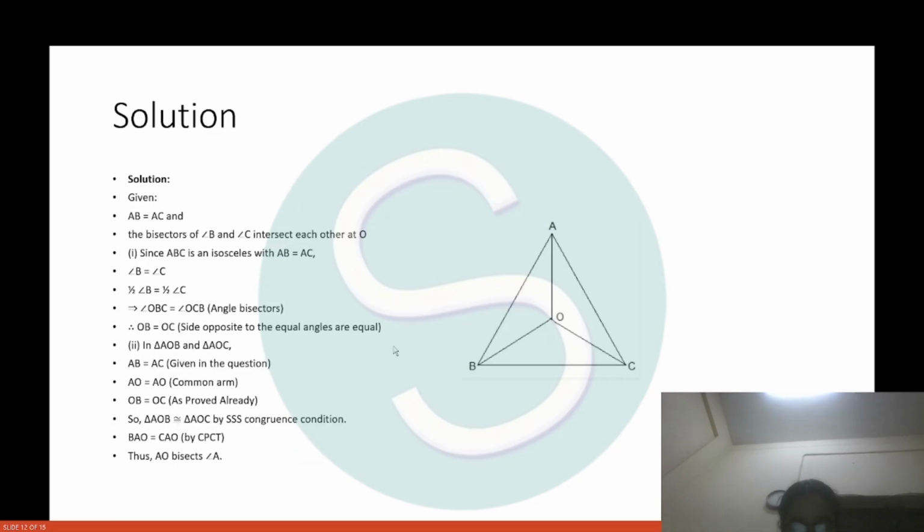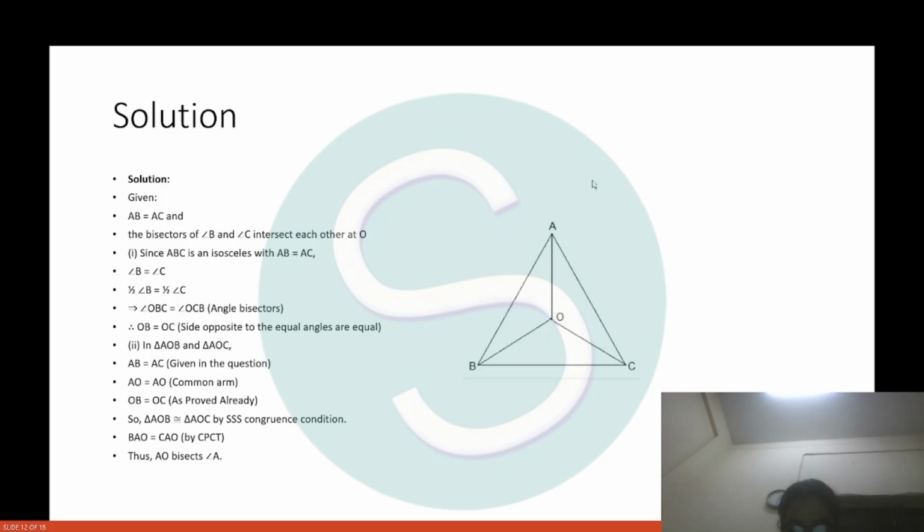How can we prove that? In triangle AOB and triangle AOC, we will use congruency. AB equals AC, it is given to us, and AO is our common side, right? And OB equals OC we have proved in the last part, part A.